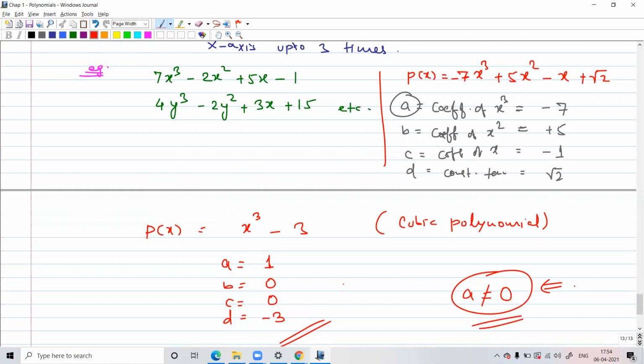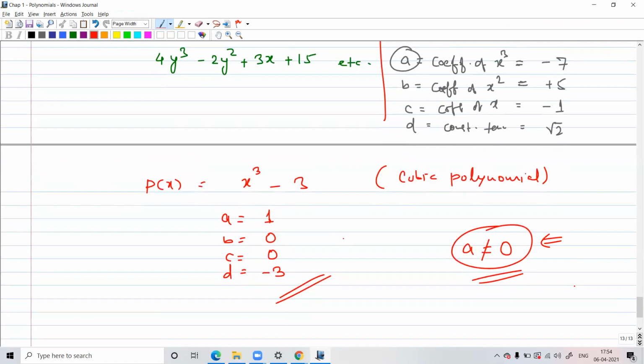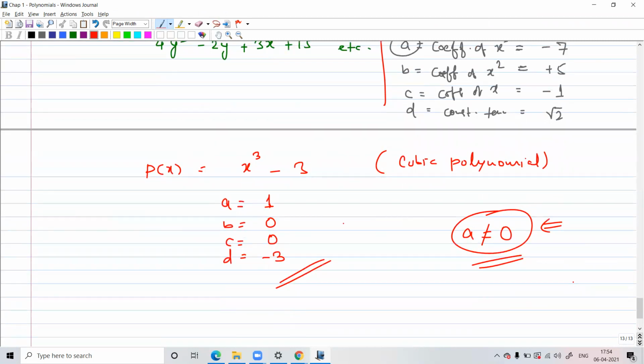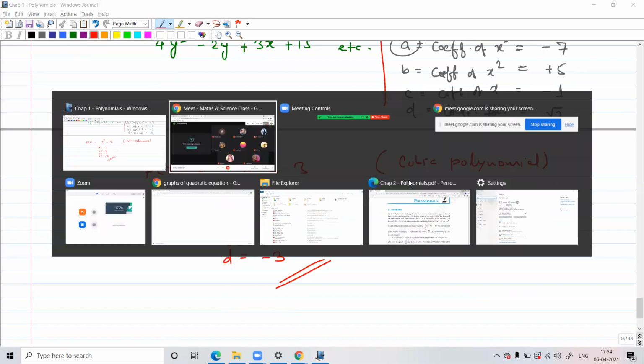If I want to write a quadratic polynomial, don't make the coefficient of x squared 0. Other things you can make 0, no problem. Okay, fine. And what we should do now, we'll take up some examples and we'll directly try to solve the first exercise now.